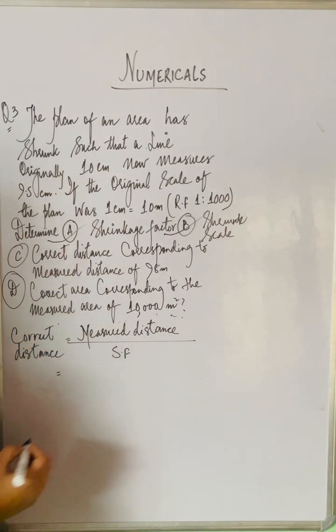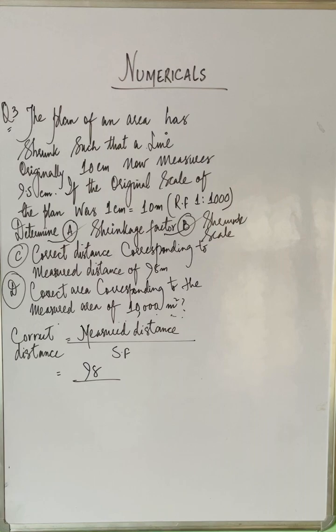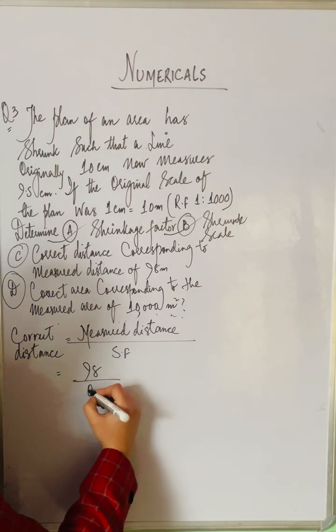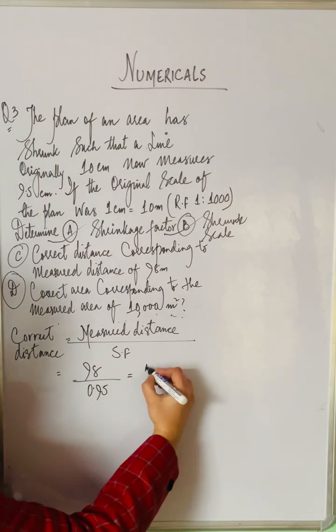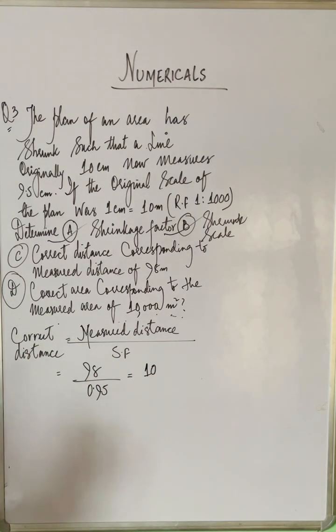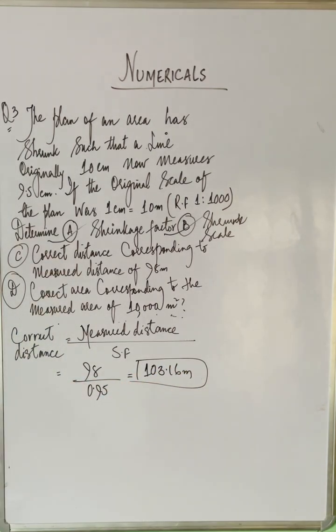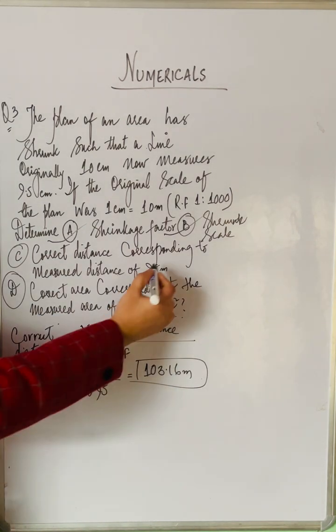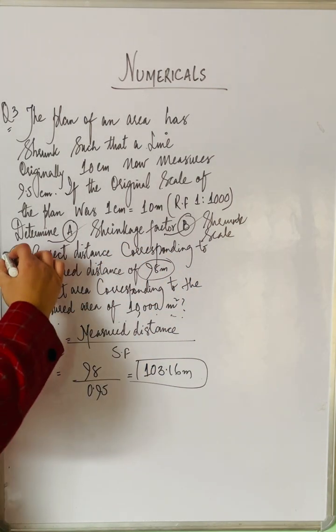What is our measured distance in this case? 98 meters as given in the question. What is our shrinkage factor? It is 0.95 as already calculated. So our correct distance corresponding to a measured distance of 98 meters will come equivalent to 103.16 meters. This is our correct distance corresponding to the measured distance of 98 meters. Now this completes the part C of the question.